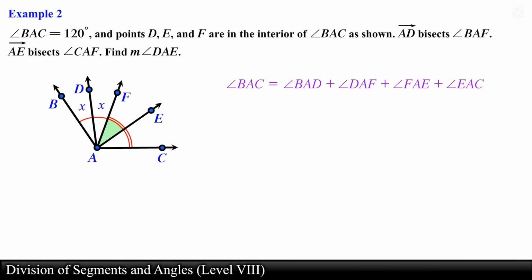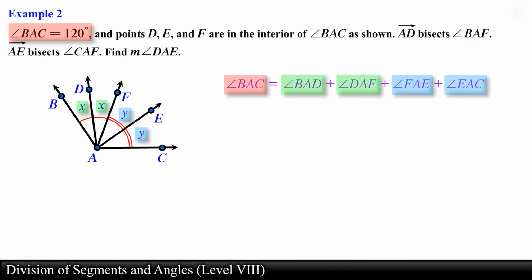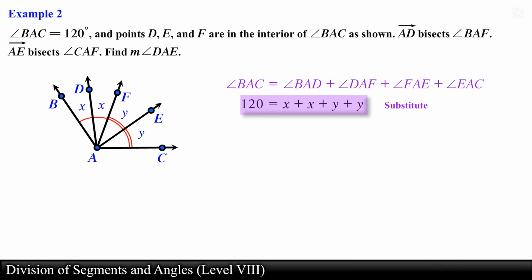In the same manner, angle FAE is congruent to angle EAC. Let's represent the measurement of these two angles with the variable y. We can now substitute these variables and the measurement of angle BAC into the geometric relation representing the sum of all the angles to obtain the following expression.